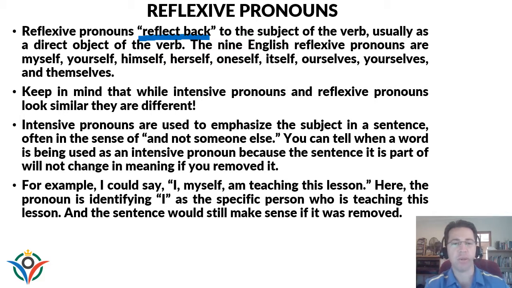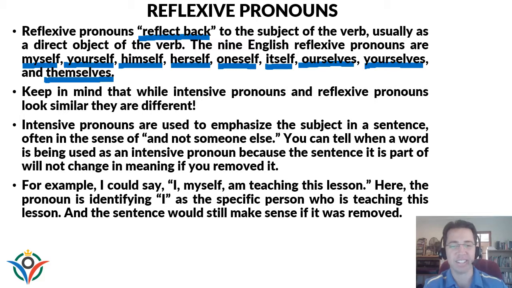So if you can't remember what a reflexive pronoun is, here are the 9 English reflexive pronouns. Let's take a look at them. We have myself, yourself, himself, herself, oneself, itself, ourselves, yourselves, and themselves. So quite a mouthful there, but those are the 9 types of reflexive pronouns that we get in English.